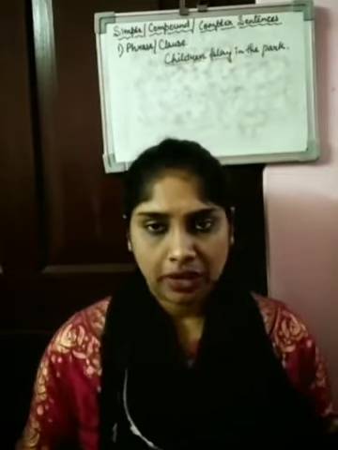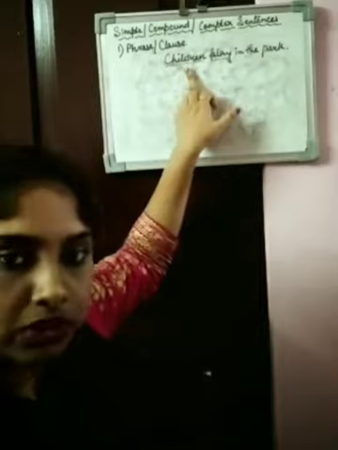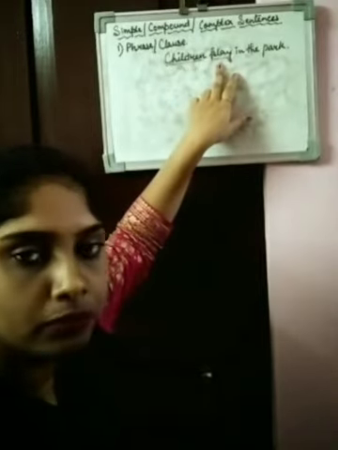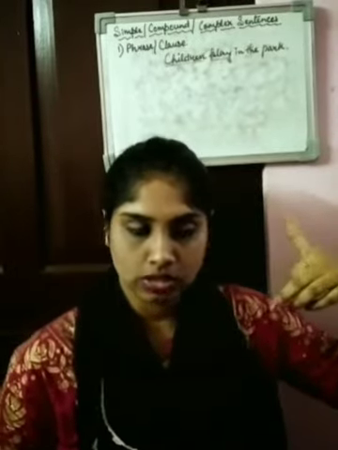A proper clause, if it's an independent clause, can be said to be a sentence also. That's not a problem. So let's take this example. We have the subject present here, we have the verb present here, and the remaining part is there. So that means it is a clause.